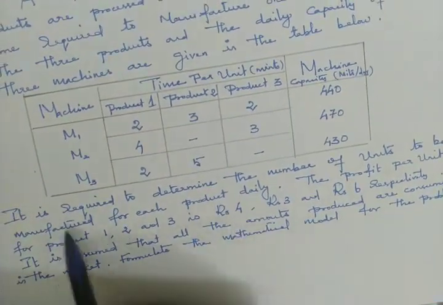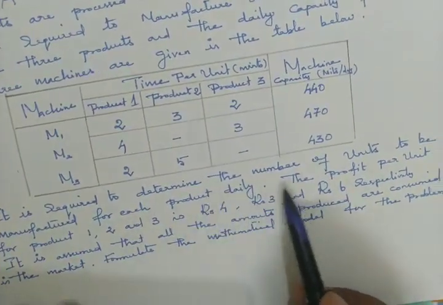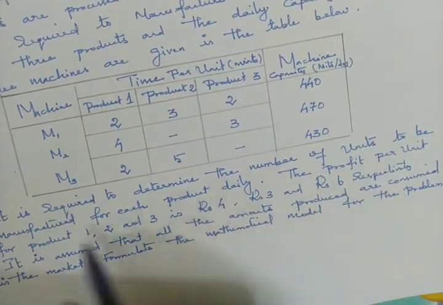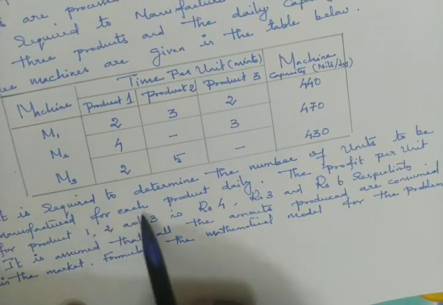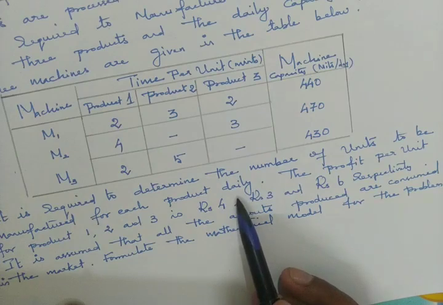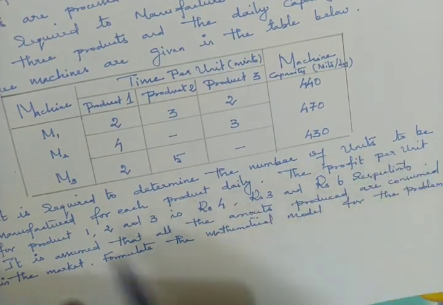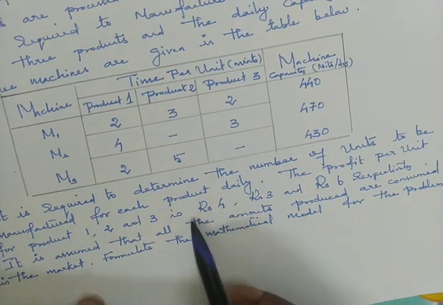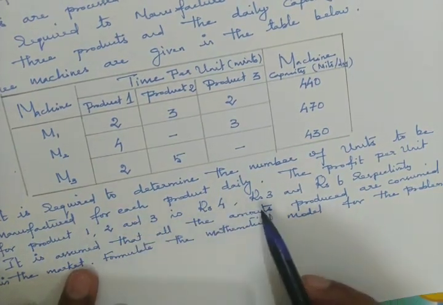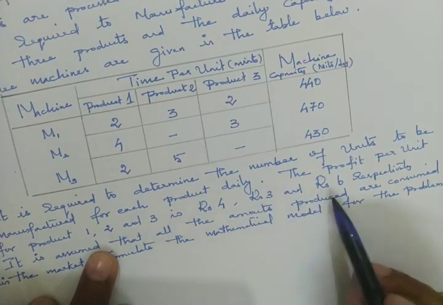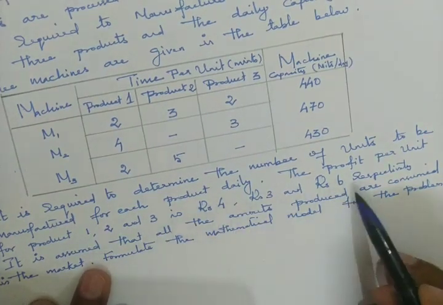And it is required to determine the number of units to be manufactured for each product daily. The profit per unit for products 1, 2, 3 is rupees 4, rupees 3, and rupees 6 respectively.